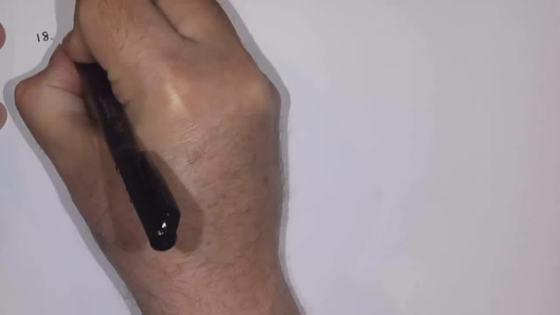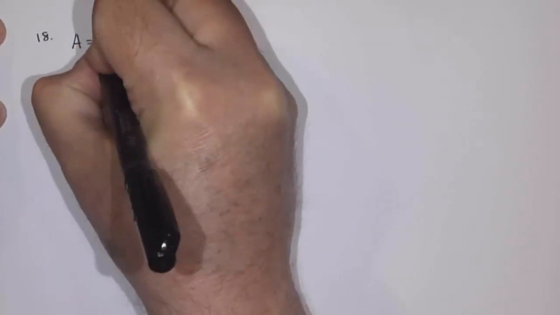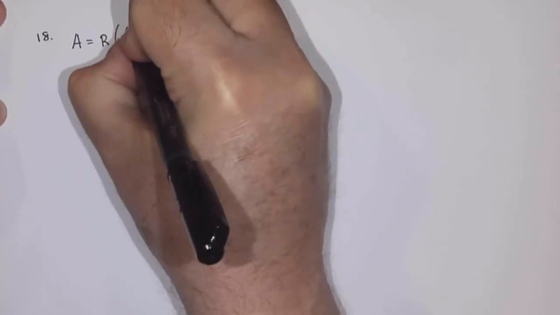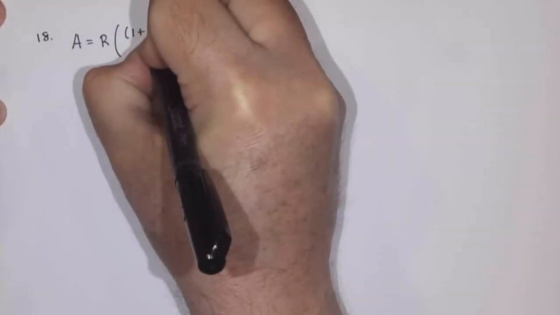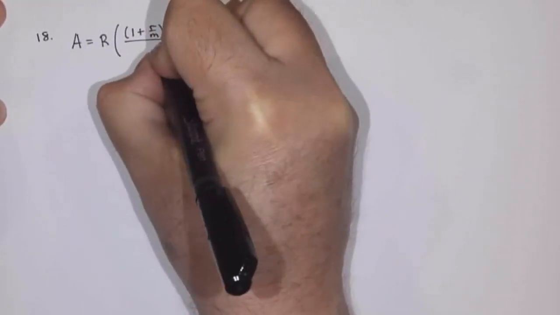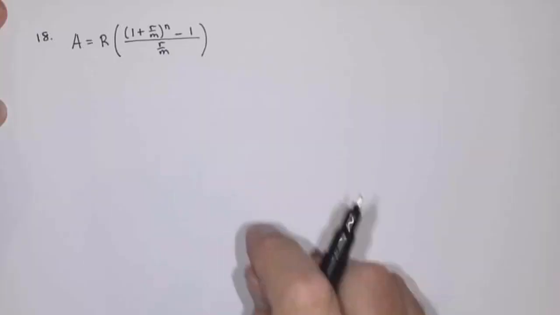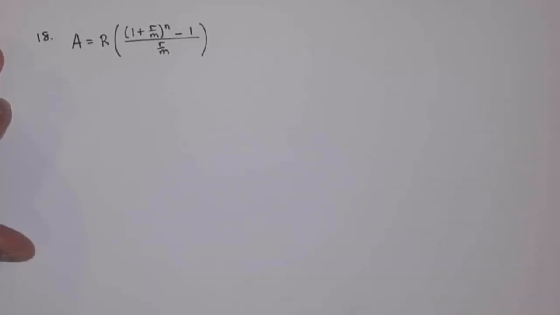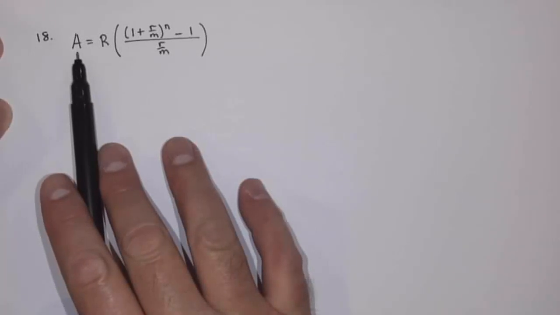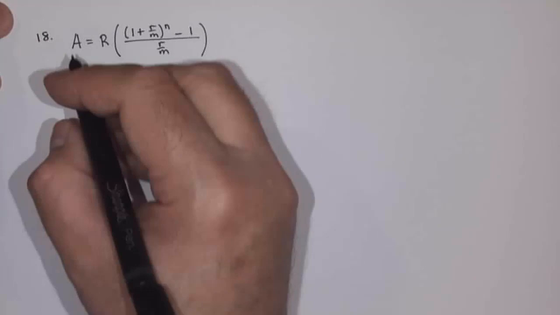So our annuity formula is that A equals our regular payment R times 1 plus r over m raised to the nth power minus 1 over r over m. And in this case, we're wanting to accumulate $2,000 in 36 months. So in other words, we want this amount to be the $2,000, and so we need to figure out what our payment needs to be.